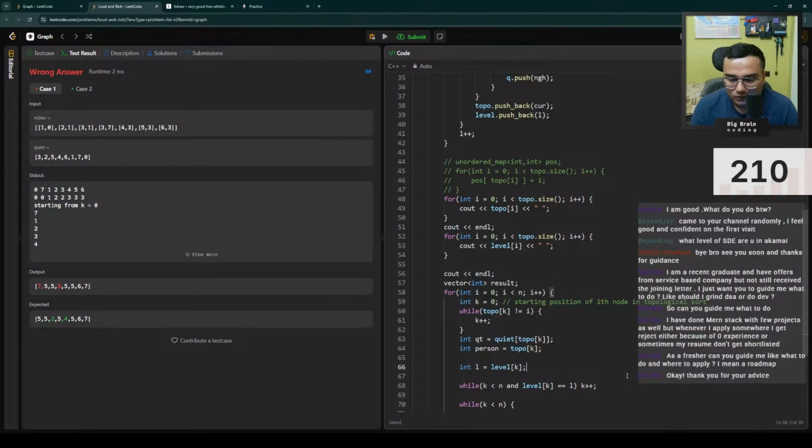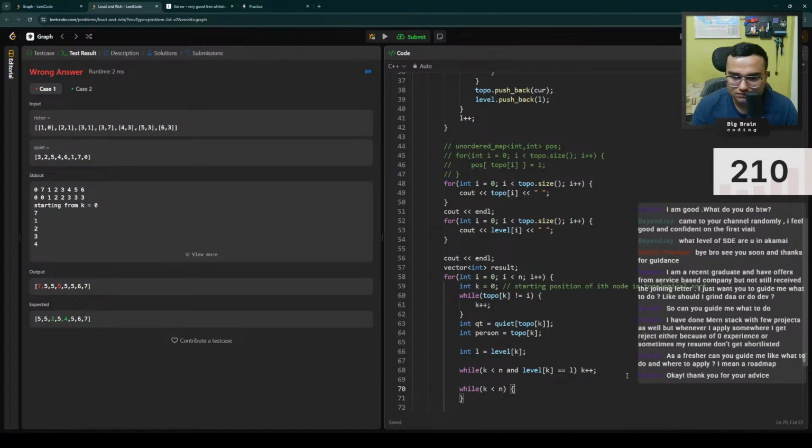Okay, while K is less than N, if quiet of topo of K is less than Qt, and before that the level is obviously higher because I have moved K, right?